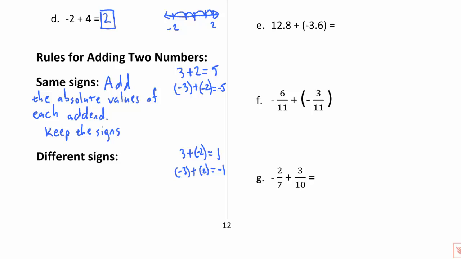Same thing down here, the larger of these two in absolute value terms is this one here, so that's 3, and then subtract off the smallest one, which is 2. So 3 minus 2 is 1, and then keep the larger of the two signs, which here is negative. So that's how you do that.